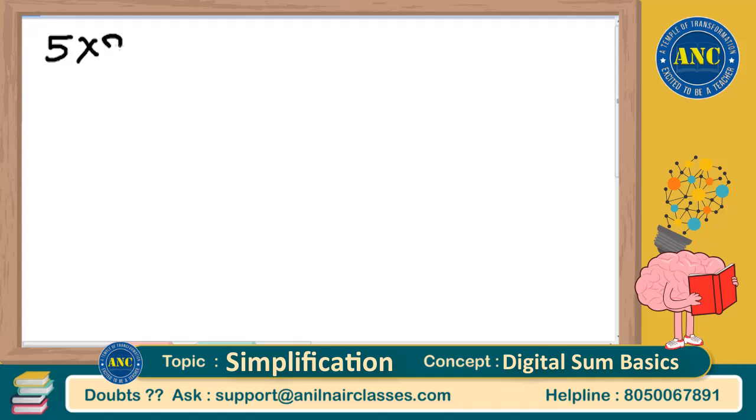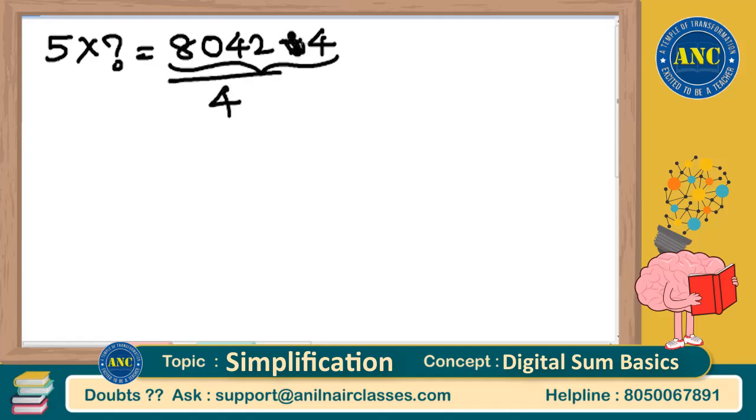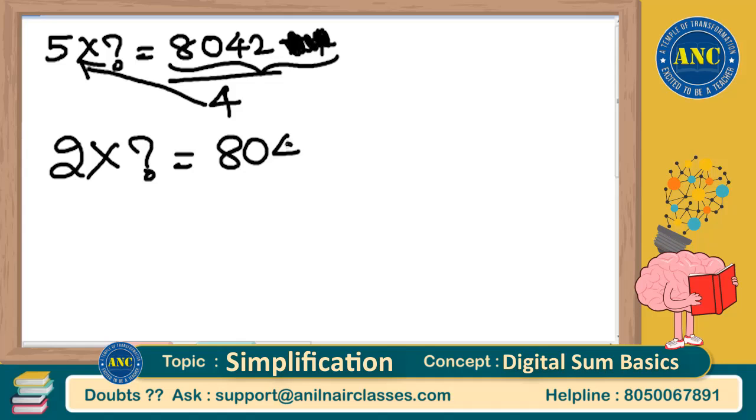Question is 5 into question mark is 8042 divided by 4. Instead of dividing 8042 by 4, this is nothing but 4 in the denominator. I told you that whenever you have division, cross multiply and convert it to multiplication. It is 5 into 4, 20. 20 digital sum is 2. 2 into question mark is 8042.